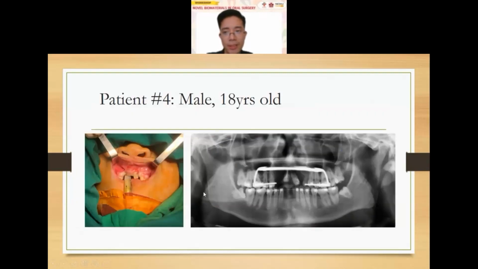This is the last patient in the case series today. This is a male, 18 years old. This patient is very special because we used a double layer of ADM and immediate bone graft for the bilateral alveolar cleft.